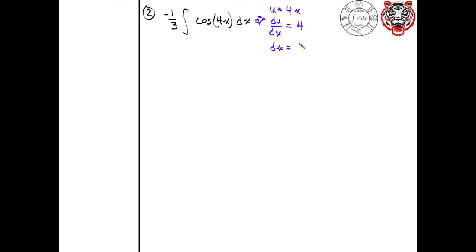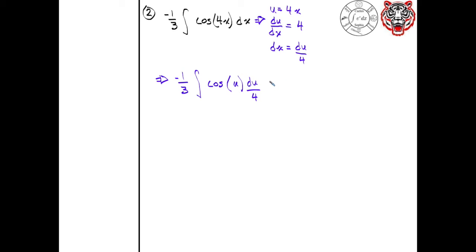Solving for dx in this equation gives du divided by 4. Rewriting this equation with respect to du's and u's, no more x's. I still have my negative 1/3, my integral, and my cosine. But instead of 4x, I have a u. Instead of a dx, I have a du over 4.